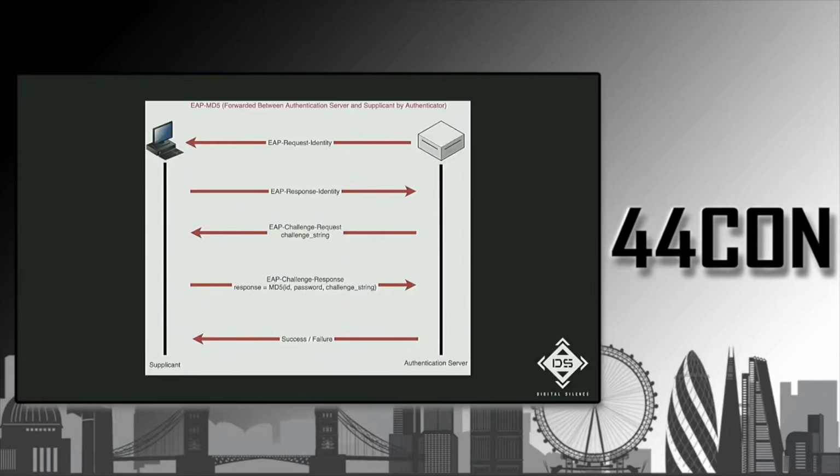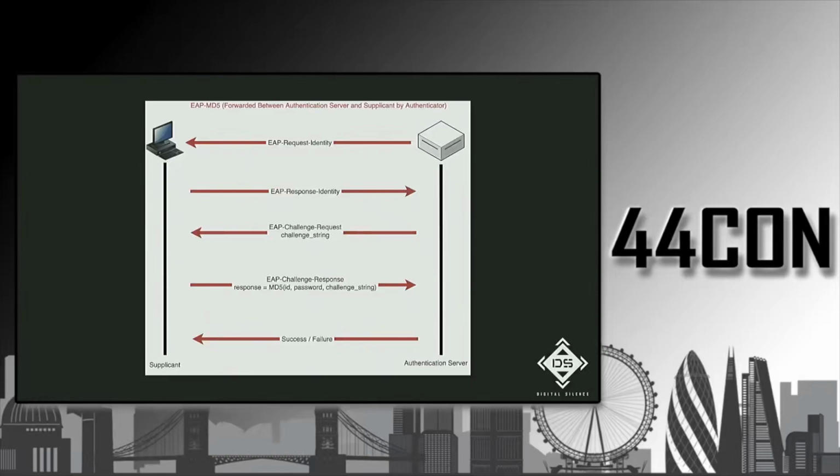The supplicant's going to receive this random string of characters, concatenate it with its username and password to make one long string that it's then going to put through the MD5 hash function. The output of the MD5 hash function is then going to get sent off to the authentication server as an EAP challenge response. And the authentication server is then going to do the exact same thing.